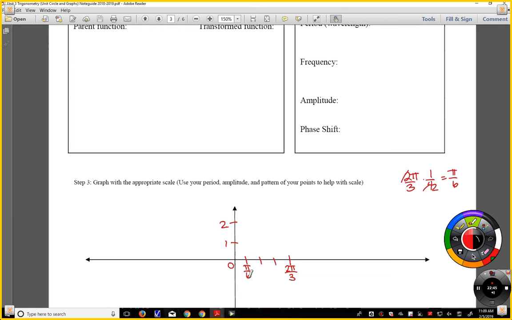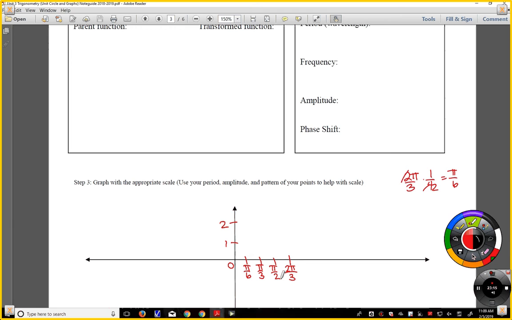So normally on our graph, this is ones, and we count 1, 2, 3, 4. This is not ones anymore. This is 1 pi over 6, meaning the next mark would be 2 pi over 6, but 2 over 6 reduces to be 1/3. So I'm going to write that. Okay, so I had 1 pi over 6, 2 pi over 6. Then the next mark is 3 pi over 6, but that reduces to pi over 2.